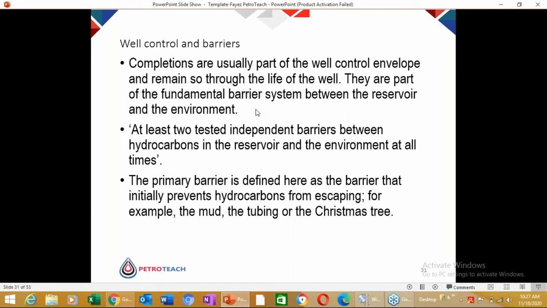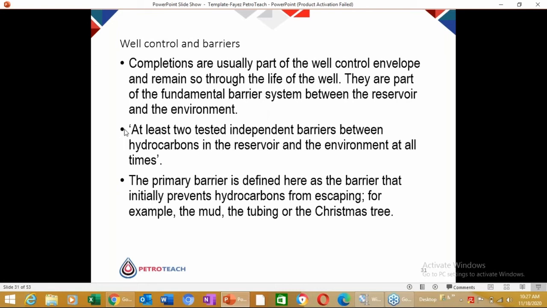A primary barrier is defined here as the barrier that initially prevents hydrocarbon from escaping, for example, mud, the tubing, or the Christmas tree.